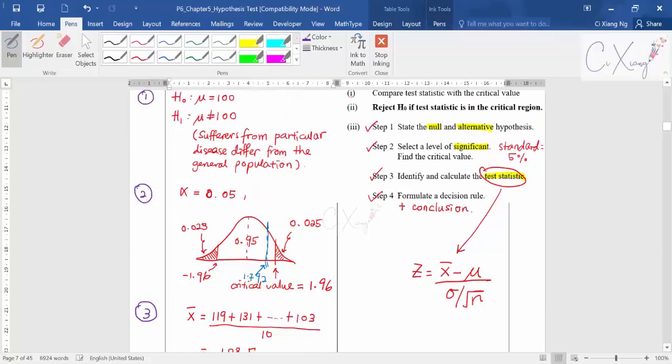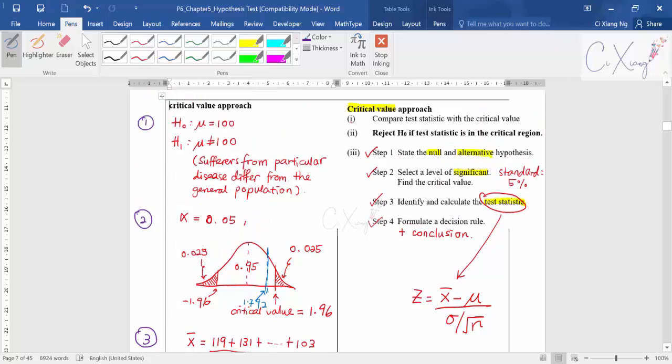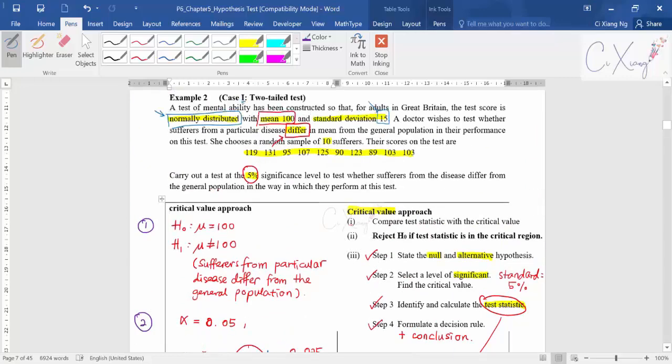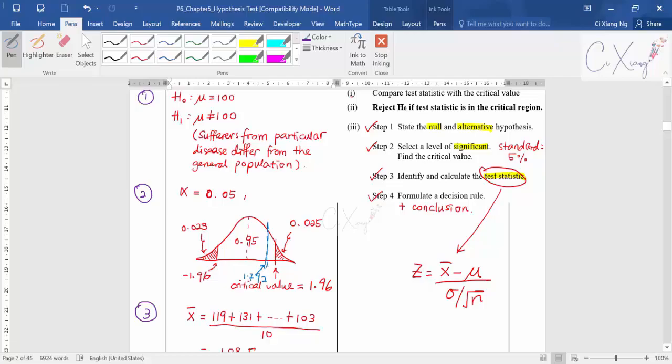This is what we have for the very first complete hypothesis test, which is the two-tailed test. There are a few steps here that you need to follow. Every time you carry out the test, just make sure that you have all the important points in your solution.